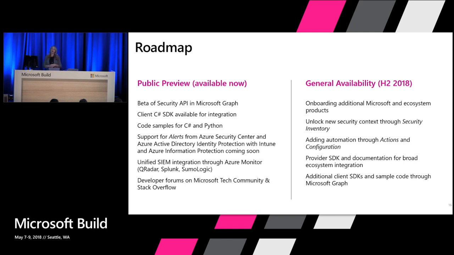We'll also enable the contextual information through the security profiles of the inventory that we talked about. We'll light up those automation scenarios with actions and configurations. We plan to publish a provider SDK, making it easy for ecosystem providers to onboard themselves. And additional client SDKs and sample code will be available through Microsoft Graph. So all of that is in the works and coming in the fall timeframe.